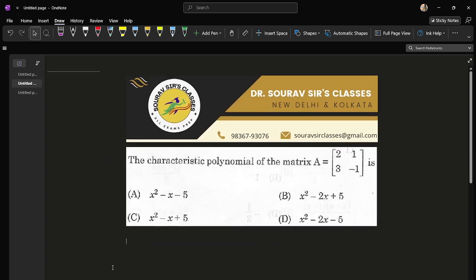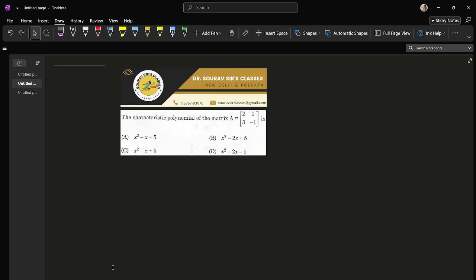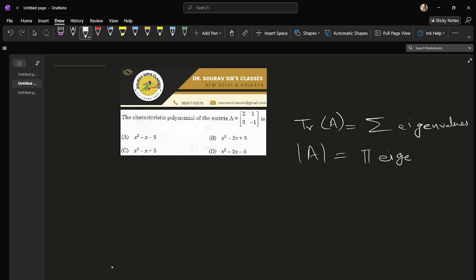This is also a very easy question because we know that the trace of the matrix is the sum of all eigenvalues. And we know that the determinant of A is equal to the product of the eigenvalues of A. So now what can be done here?